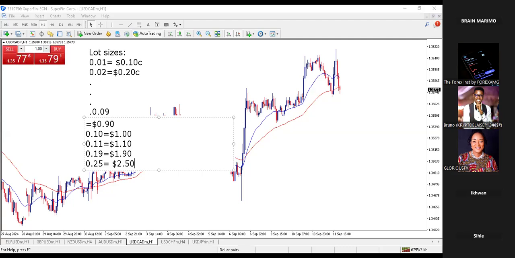So if my broker is saying, listen, we'll charge you 10 pips, and I'm using 0.25, every single pip is $2.50. That is what the broker takes to execute the trade on my behalf.